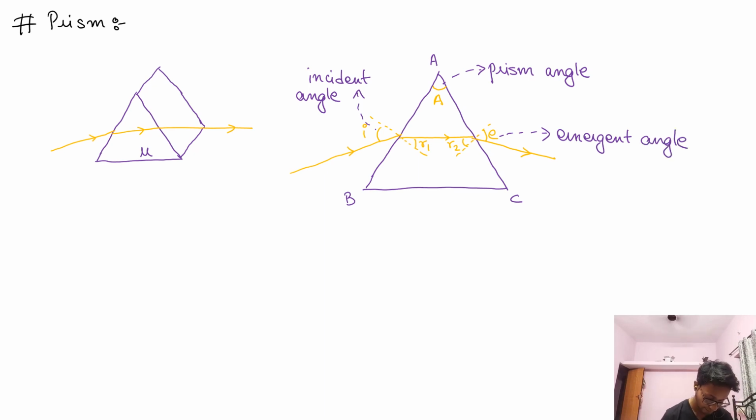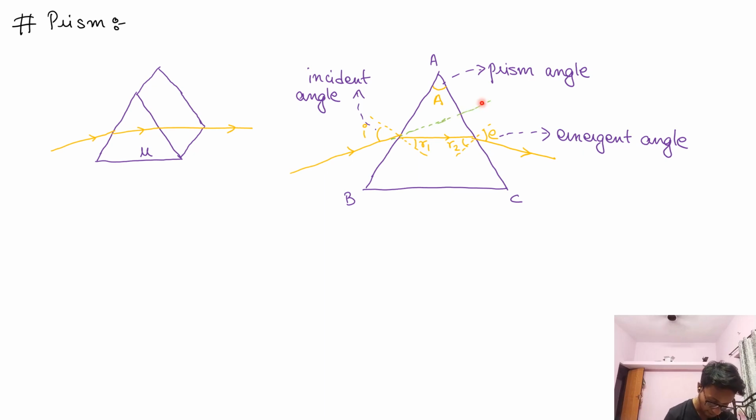There is one more angle we need to learn, called the angle of deviation. Angle of deviation means the angle by which the incident vector is turned to the emergent vector. This out here is the incident ray of light. If you extend this incident ray, it goes somewhat around this.